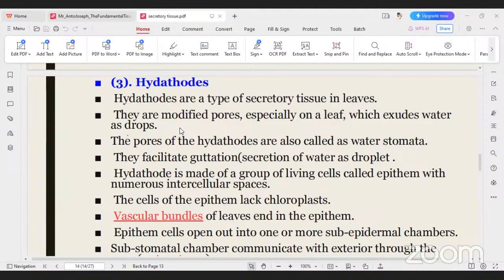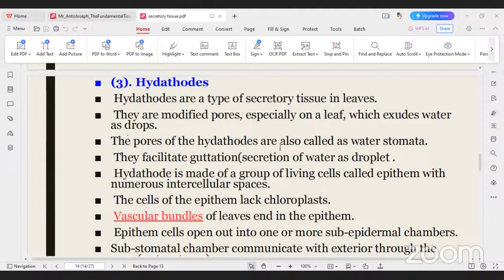But in some monocot plants, the excess water is lost through these hydathodes. These hydathodes are actually specialized pores. They are not regular like stomata, with subsidiary cells and guard cells. They are different.